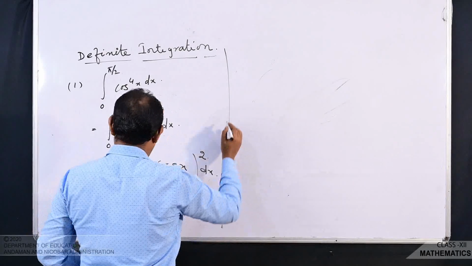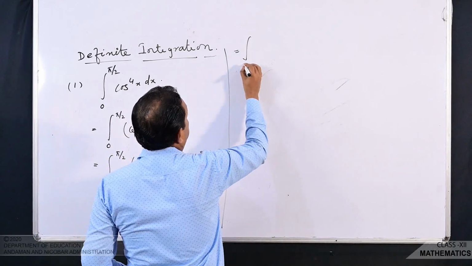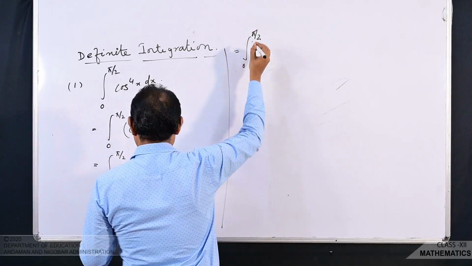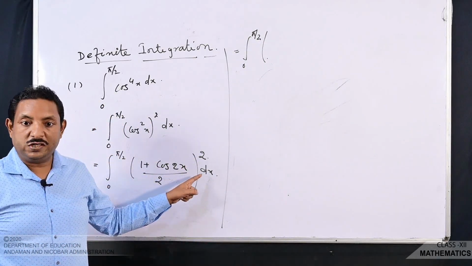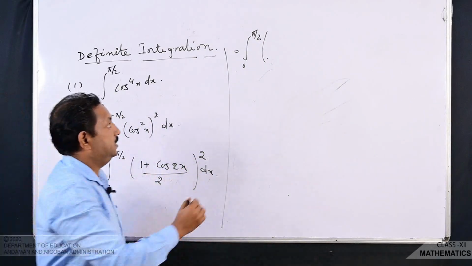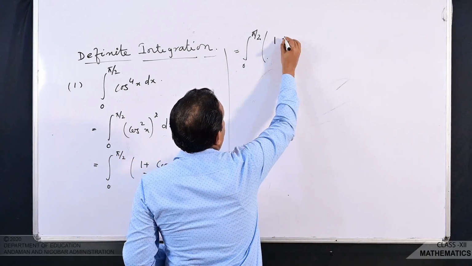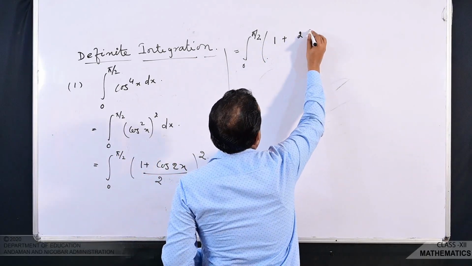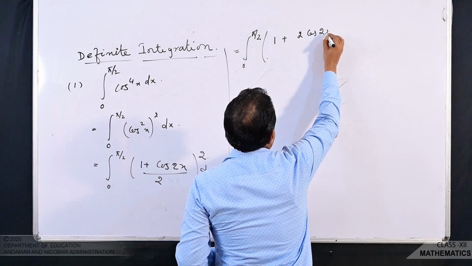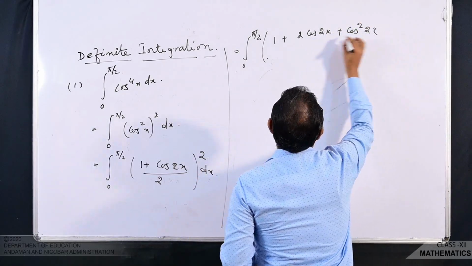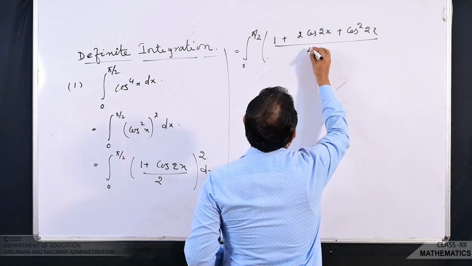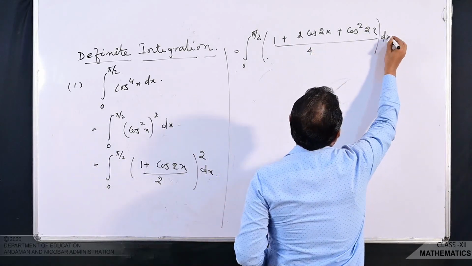Then, using the a plus b the whole square form, that is a square plus 2ab plus b square, we get 1 plus 2 cos 2x plus cos square 2x, fully divided by 4, dx.